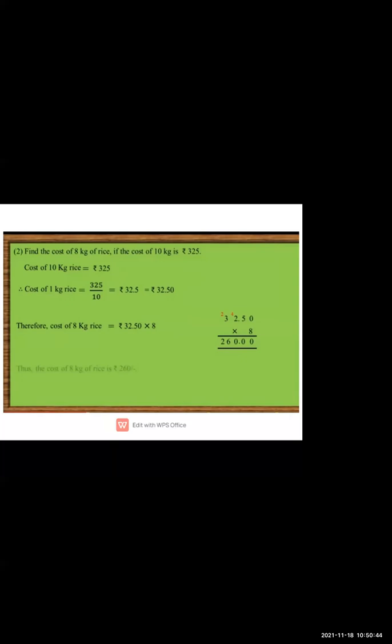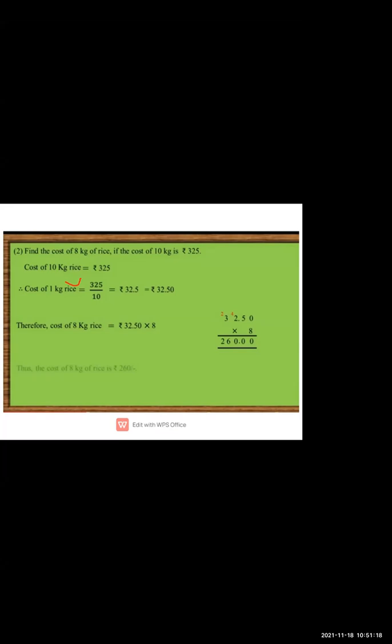So here we have to find the cost of 8 kg, and the cost of 10 kg is given, that is 325. Let's see. First we will write the given: 10 kg rice is equal to 325 rupees. Therefore, first we will find the cost of 1 kg, that is 325 upon 10.